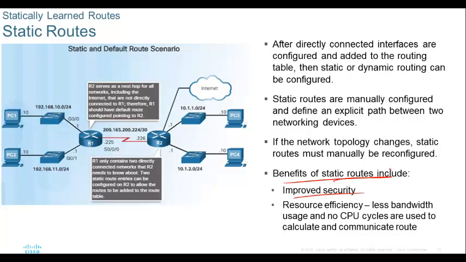If someone asks which path the packet is going right now, you have no idea. But in the static route, you know in what path the packet is going, because you wrote that static route. In that way, it improves security.